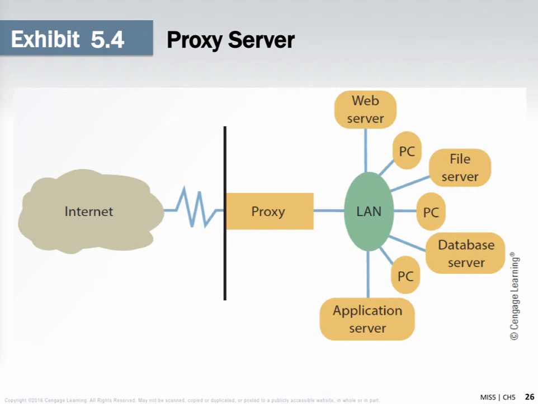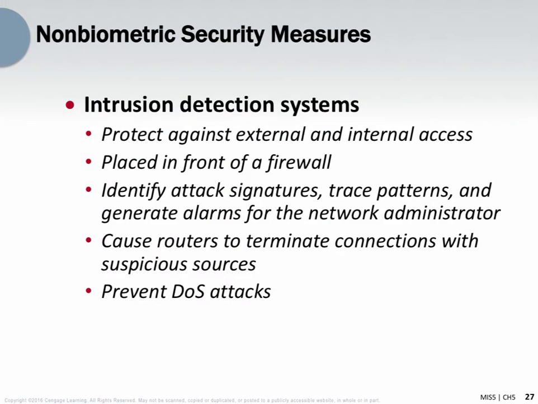Now, another system in place is an intrusion detection. And what this does is this is in front of the firewall. So, you know, the firewall was between us and the internet, and it's in front of the firewall. And it stands there, and it detects whether or not someone is trying to run those attacks on us. So think of it as like a lookout.